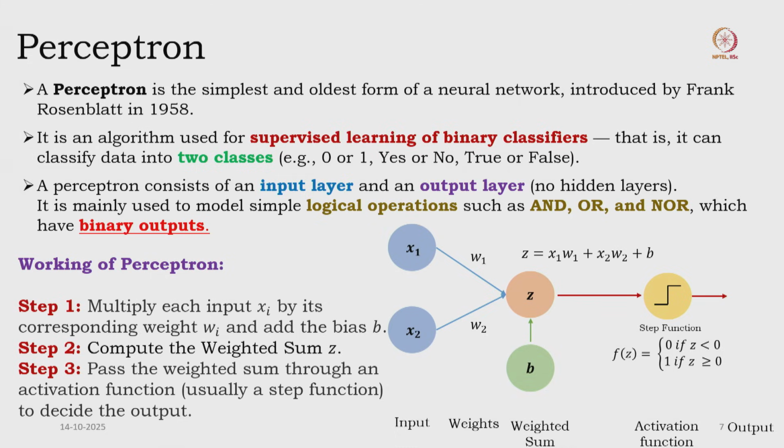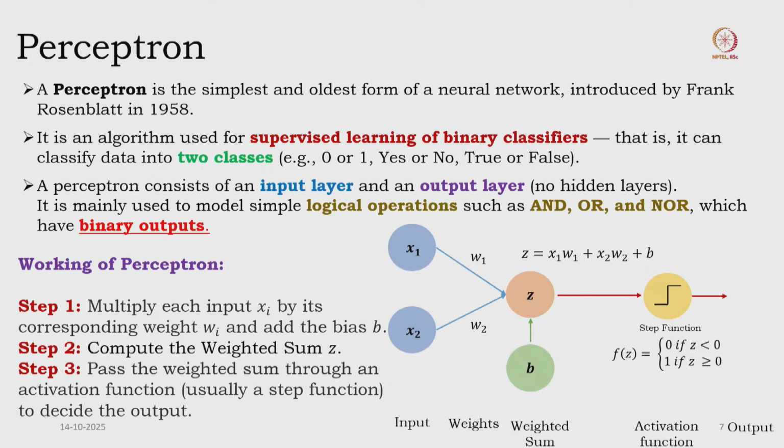What was the main aim of designing this perceptron? Initially, it was designed to solve logical problems such as AND, OR, NOR, which have binary outputs. So here is the representation of a perceptron.